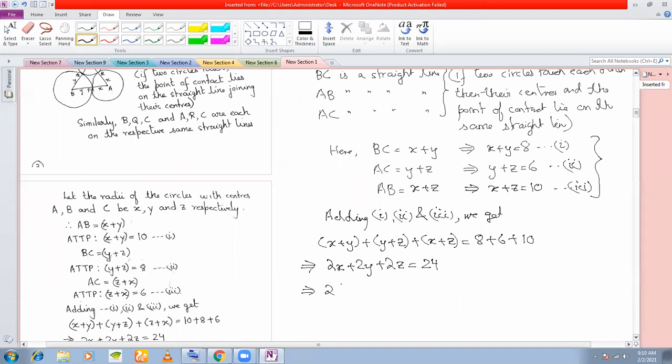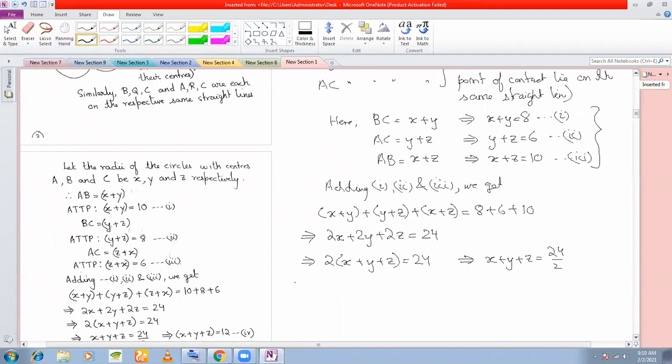Now you can take 2 common. X plus Y plus Z you get as 24 by 2. That means x plus y plus z is equal to 12. Call this equation number 4.